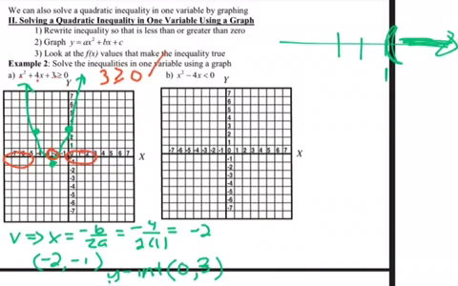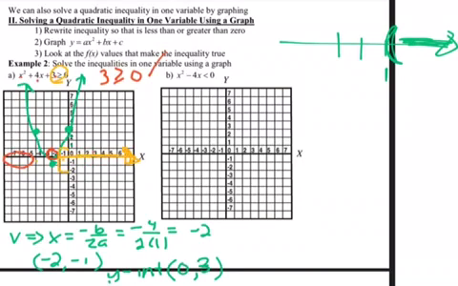So since this space is true, I am going to shade along the x-axis in that direction, and I'm going to make it a bracket because I've got an or equals to. Alright, so then I'm going to look at, let's say, negative 4.